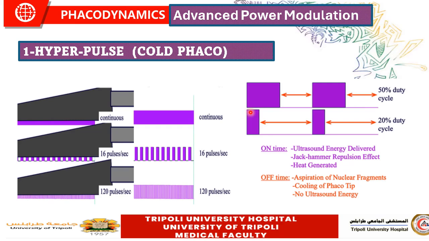In this example, only 20% is on time and 80% is off time. So the cooling effect is more here, and also the holding capacity will be more because more time is allowed for the vacuum to hold the lens fragment. So this mode improves the phaco procedure to a large extent, and the shift from continuous mode to hyperpulse mode enables the surgeon to perform cold phaco procedures.